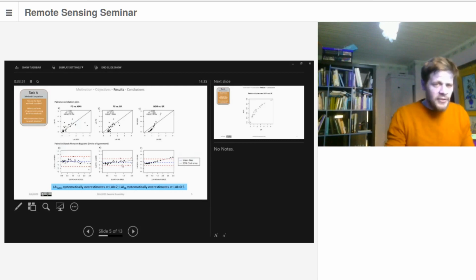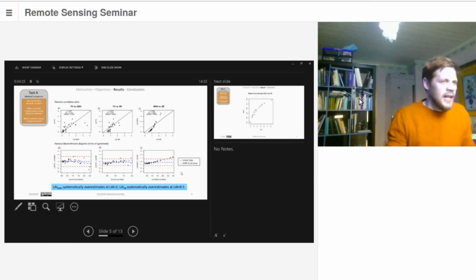You calculate the mean bias and proportional bias, which are represented by these red dashed and blue dashed lines. The red dashed line in these lower panels shows the pairwise mean bias between each two methods. And then you have these blue dashed lines, which are the proportional biases, and they are nothing else than the 95% confidence interval of the error between the two methods.